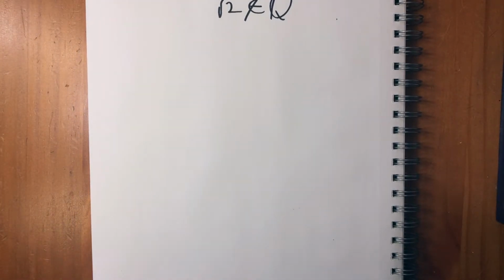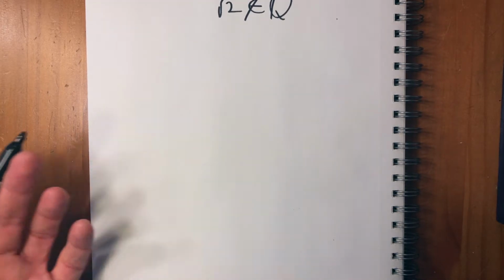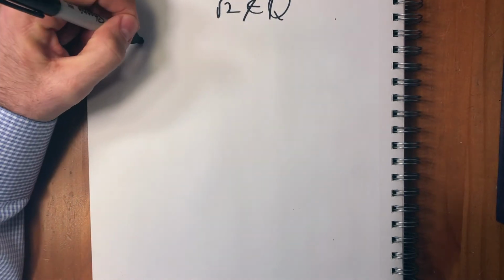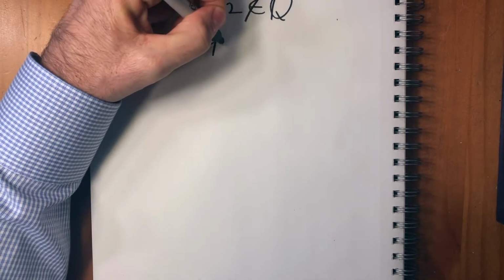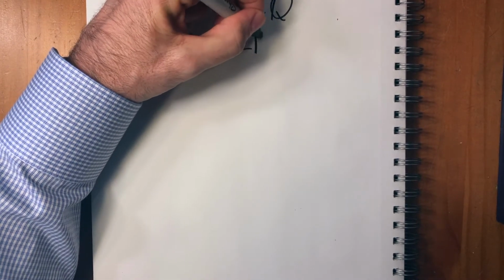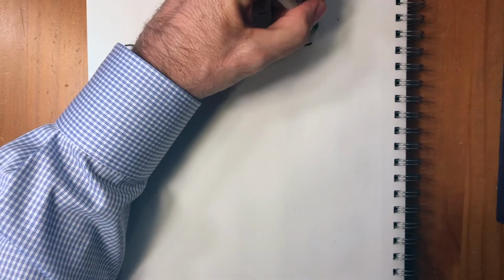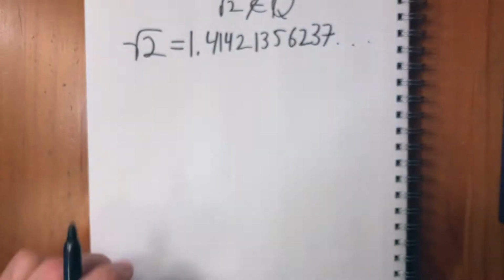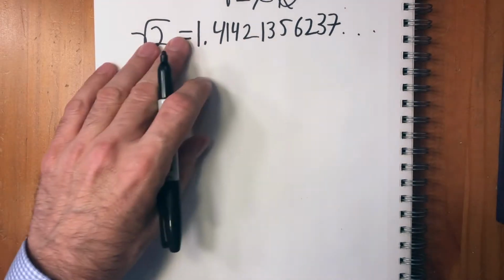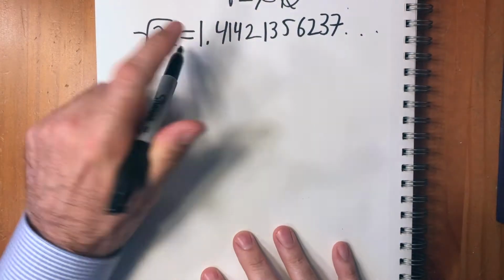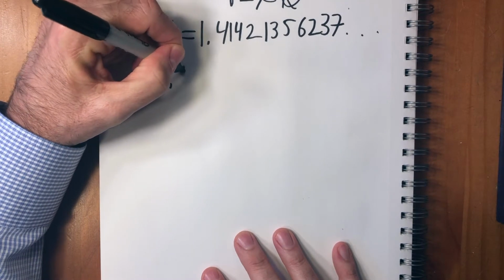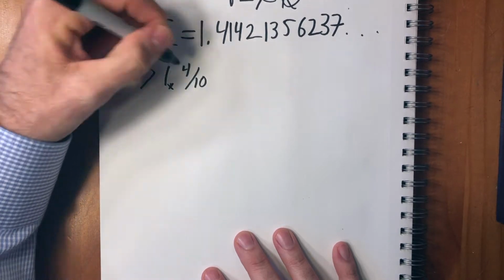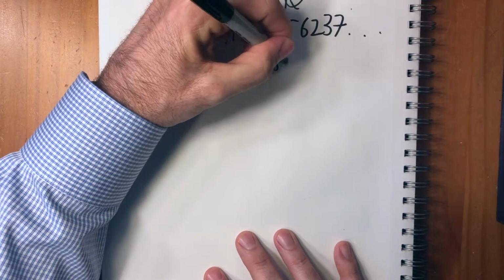We want to spend a few minutes to think about what this means more closely. How can it be? If you look at your calculator, you're going to get that the square root of 2 equals 1.41421356237... So this number is bigger than 1 and 4/10, smaller than 1 and 5/10.